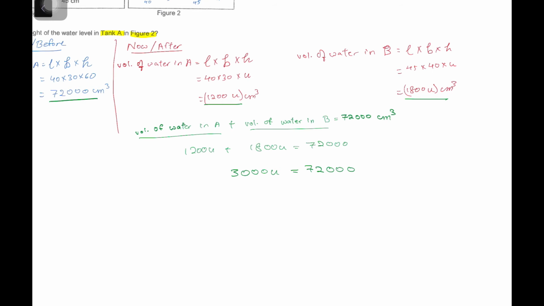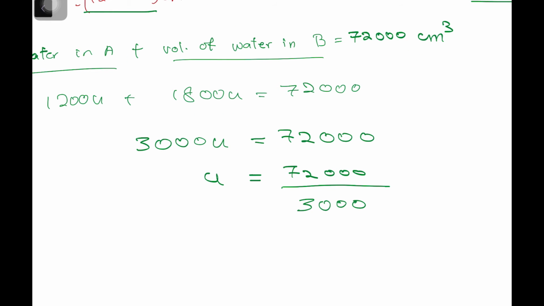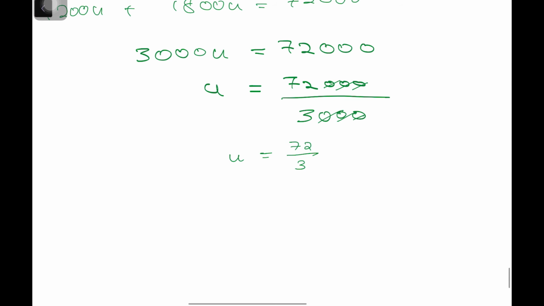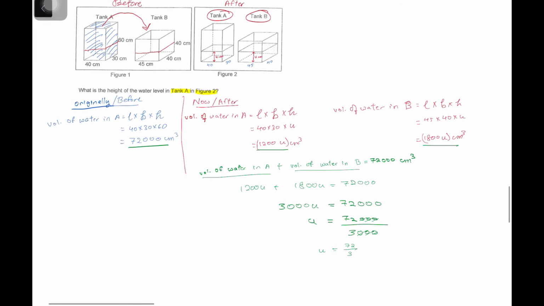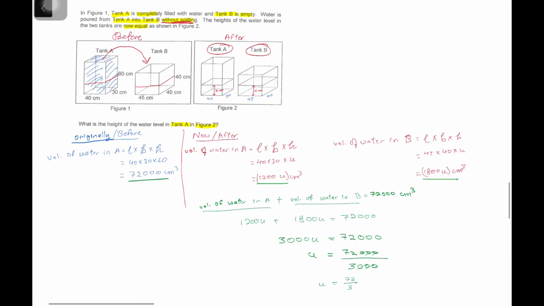If we divide both sides by 3000, we get U is equal to 72,000 divided by 3000. The zeros cancel out, so we are left with 72 divided by 3, which gives us the value of U as 24 centimeters.